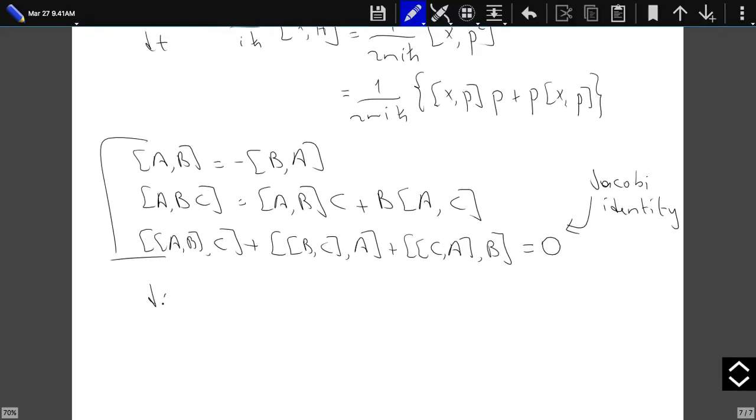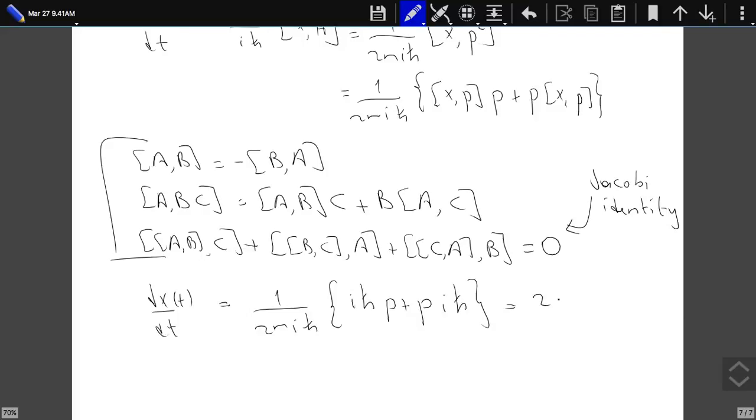Now let's continue. So dx by dt in the Heisenberg picture is equal to 1 over 2m i h bar. What is the commutator of x and p? It is i h bar. So i h bar p plus p times i h bar. This is 2 i h bar times p divided by 2m i h bar.